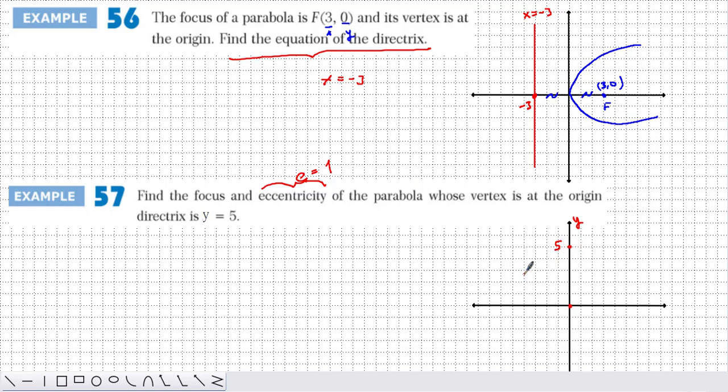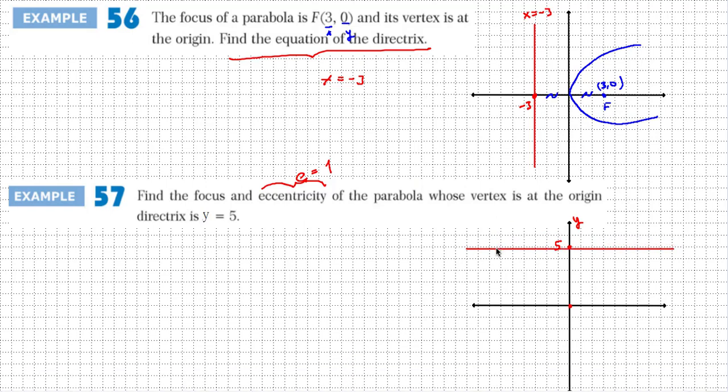This is the point the directrix is passing through. If I draw the directrix to this side, maybe a bit higher, like this, that seems better. Okay, this is the directrix line.